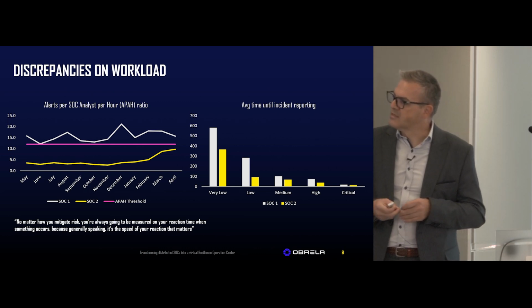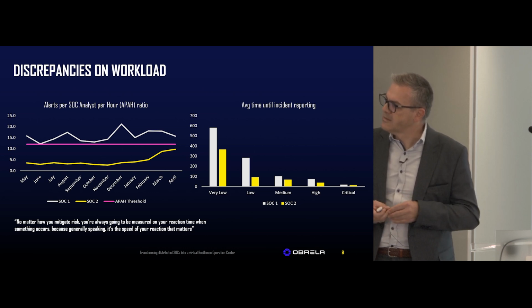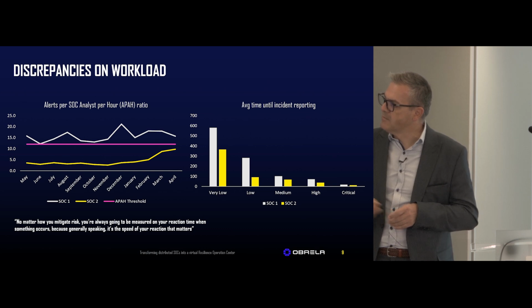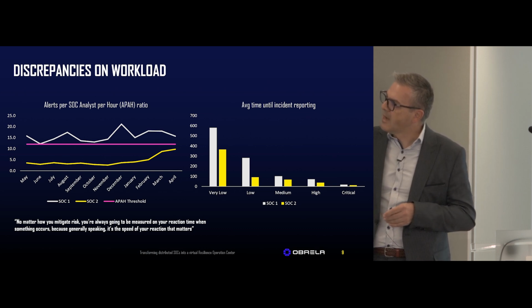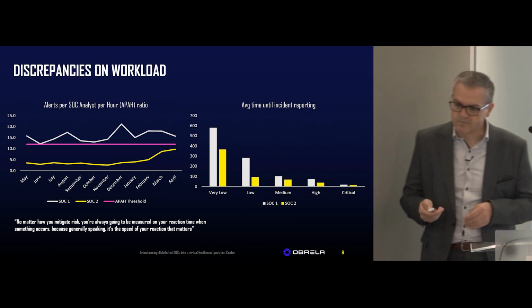In the first graph, you can see the first team is at a burnout stage, and the second team is underutilized. And at the same time, the first team is also spending more time on handling incidents.